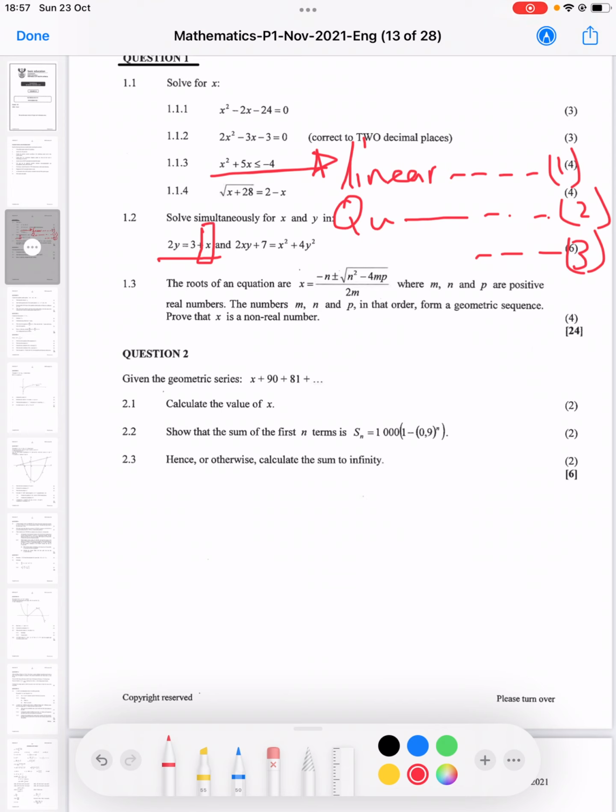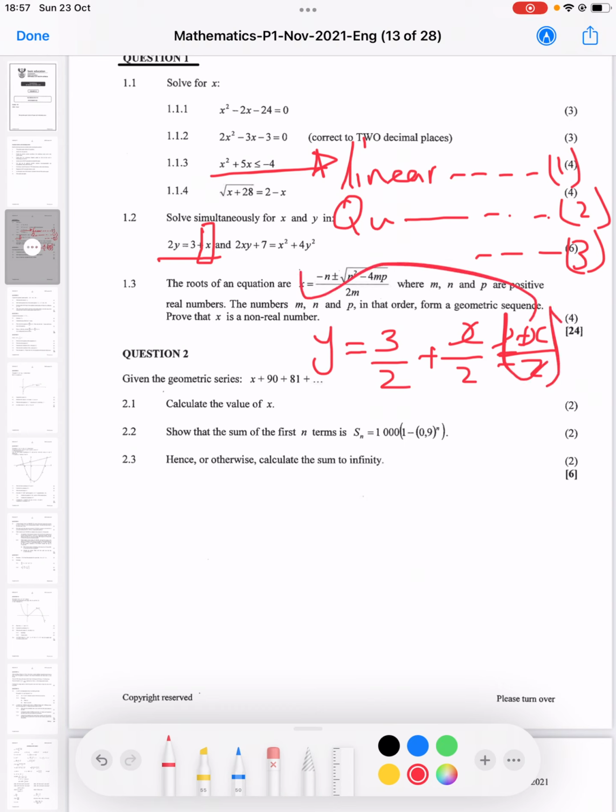So that is the one that you can make the subject of the formula, instead of making y, because you're going to end up having y equals, let's say, 3 over 2 plus x over 2, otherwise just 3 plus x all over 2. So you don't want to be substituting that function into your equation number 2. So just keep it as simple as possible.